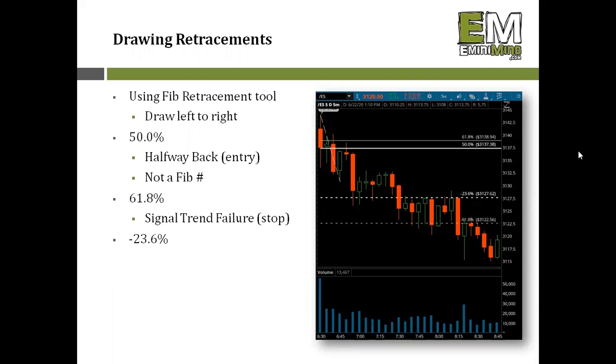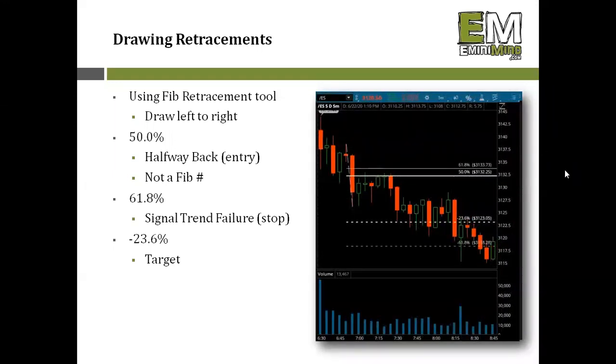And in the second half, the other 4 contracts, I just trail that stop. That really helps to reduce your risk early in the trade, but still allows you to catch those big winners. We'll get into more of those specifics in just a second. So negative 23.6 target, 61.8 stop roughly, and the 50% is the entry point.